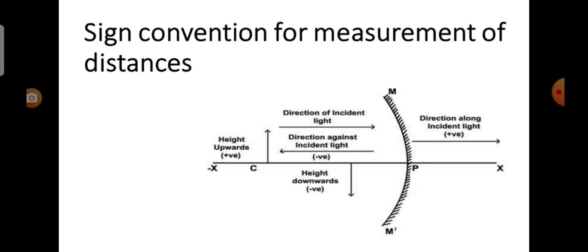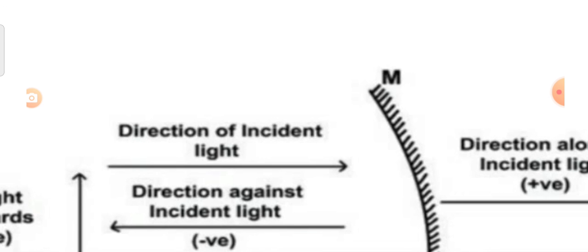Distances measured in the direction of incident light are taken as positive, and those measured in the opposite direction are taken as negative. All distances measured perpendicular to and above the principal axis are considered to be positive. All distances measured perpendicular to and below the principal axis are considered to be negative.